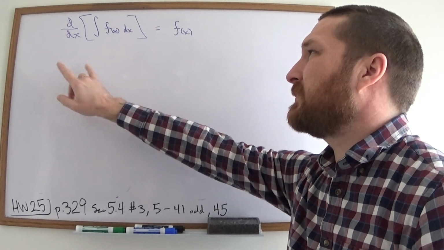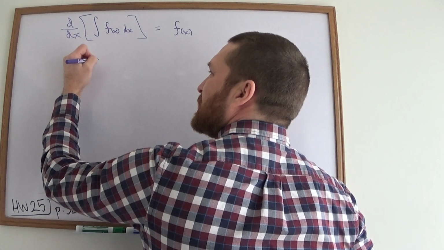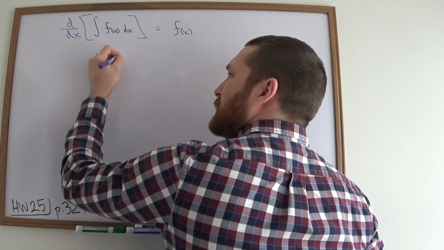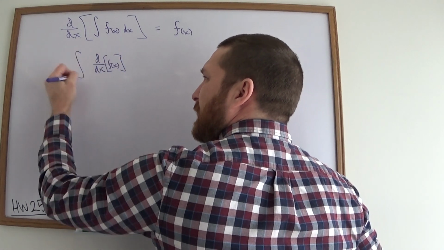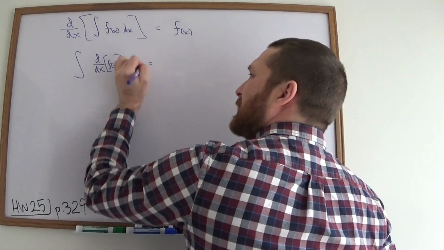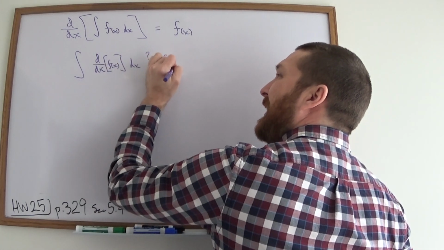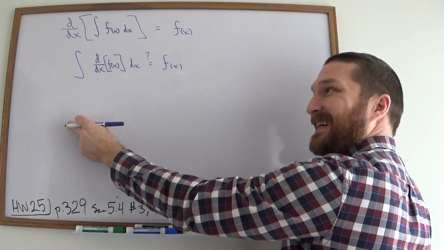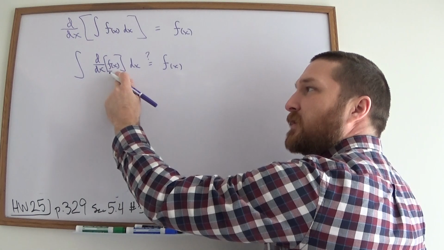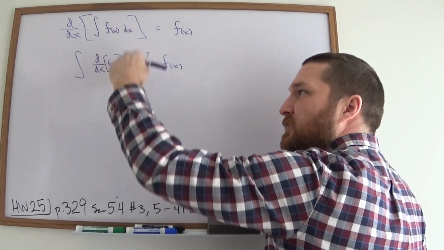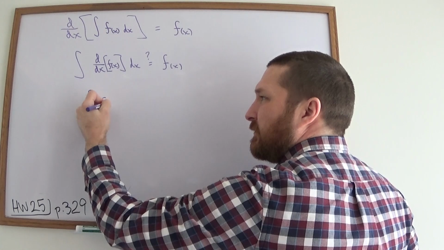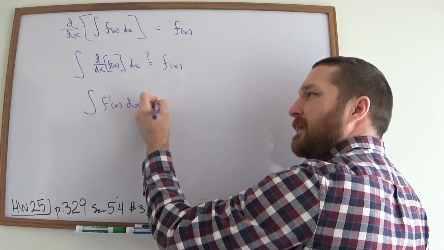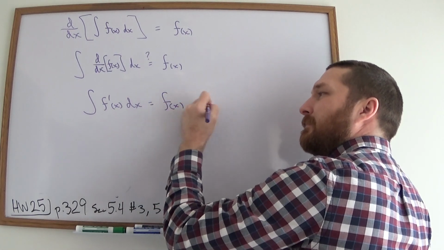It doesn't always work, and you have to check it, because let's do it in the opposite order. Is it true that you take the derivative and then you integrate it? Does it come back? No, because it gets rid of the constant. This actually doesn't work, because you take your function and you take its derivative, so now you have f prime of x, but the antiderivative of that is f of x plus a constant.